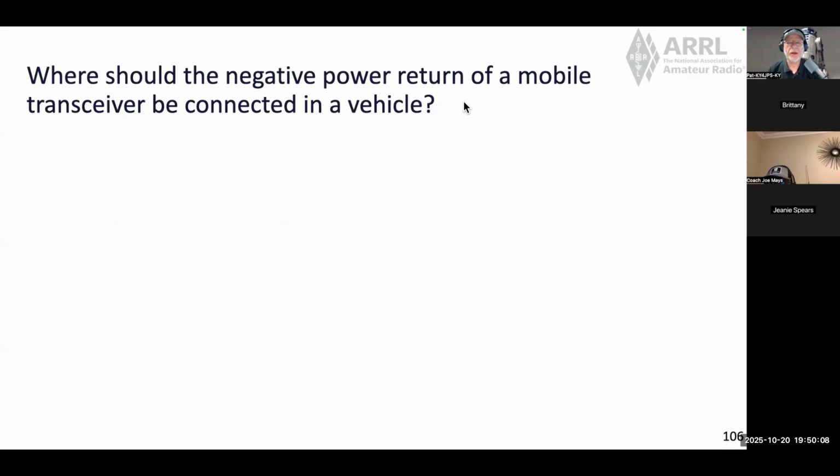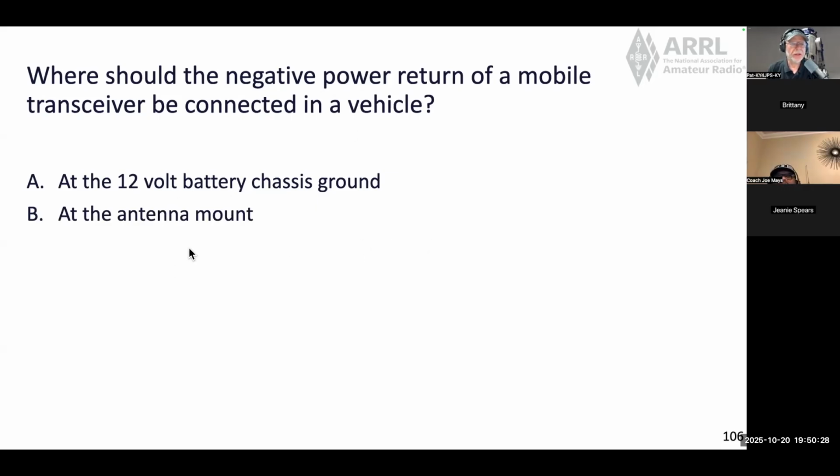Where should the negative power return of a mobile radio be connected to a vehicle? Transceiver means transmit and receive. It's just the radio. A, at the 12 volt battery chassis ground, so we're connecting the negative power, the black wire. So where's it going to be connected? B, at the antenna mount? Nope.